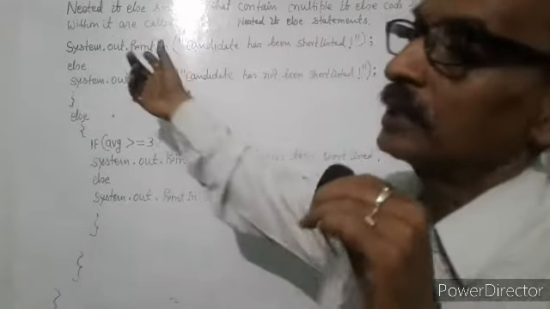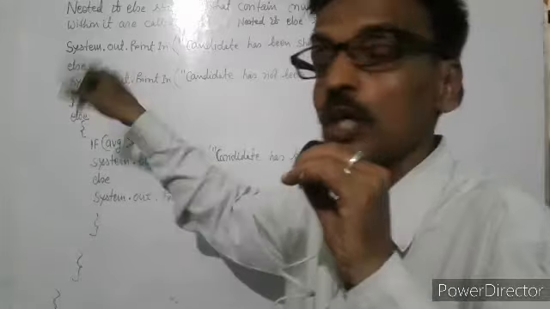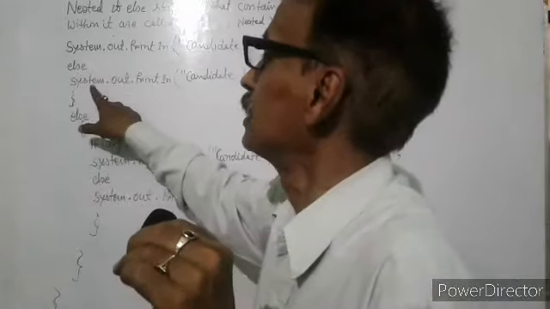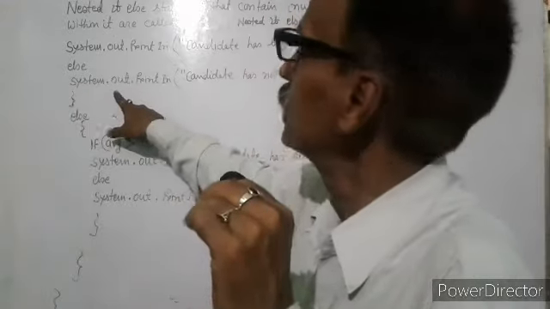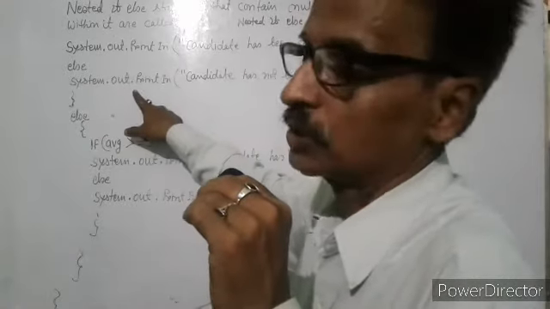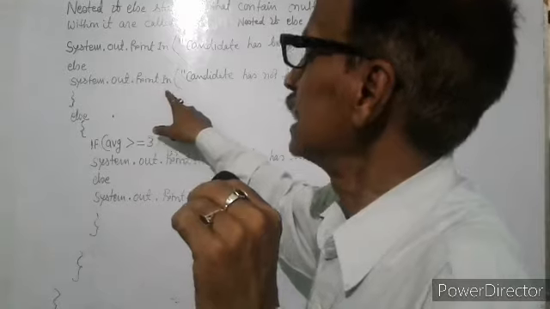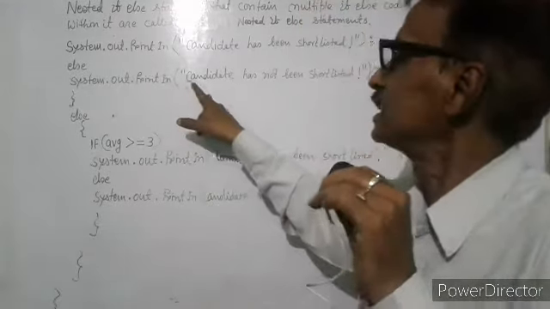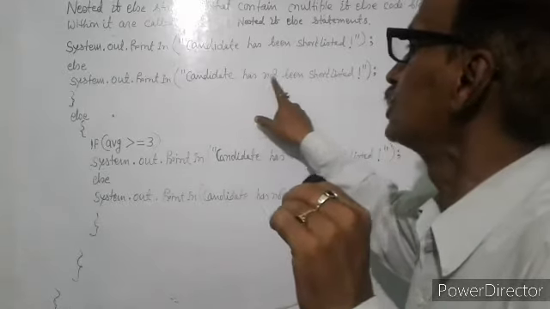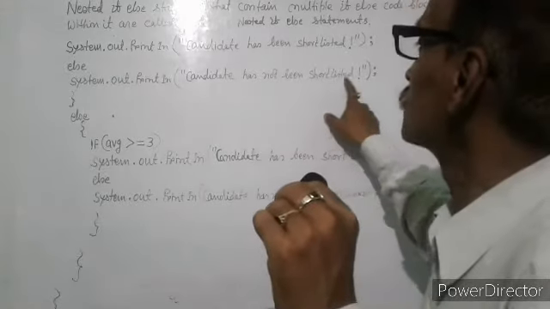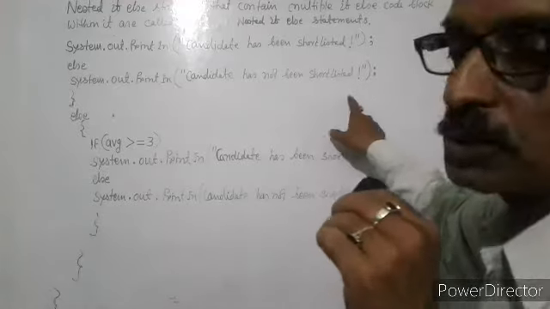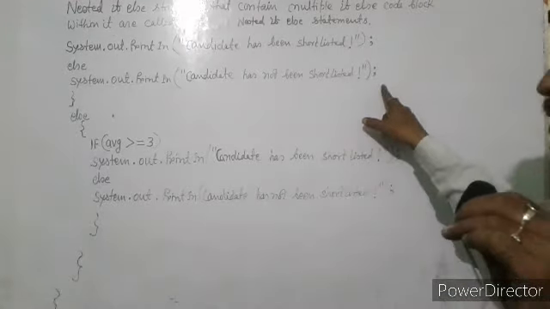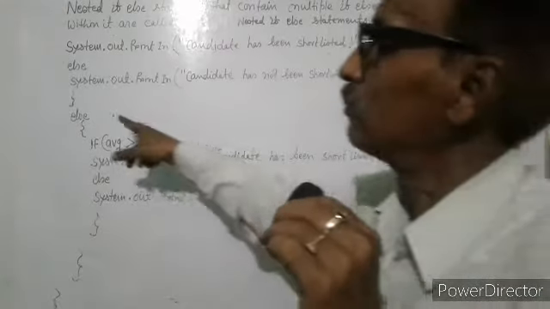Else, when the given condition is not true, in that case System.out.print("Candidate has not been shortlisted!"); braces close.